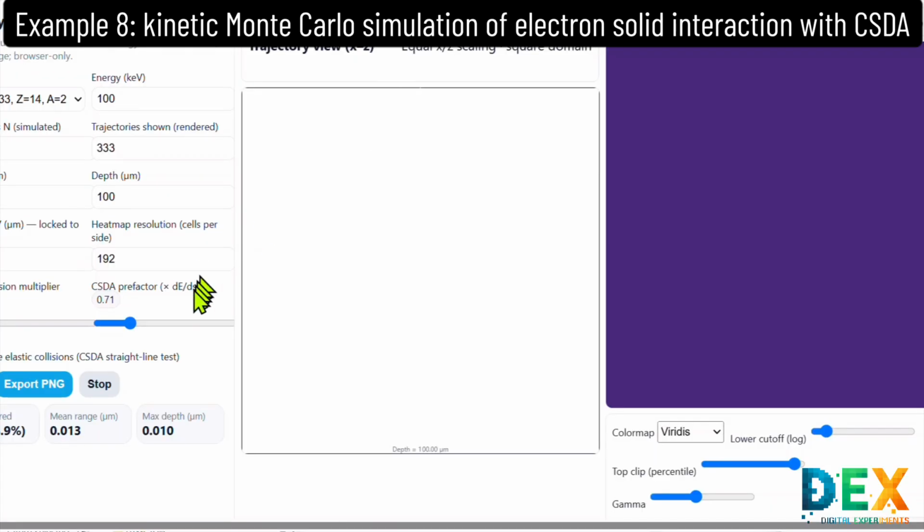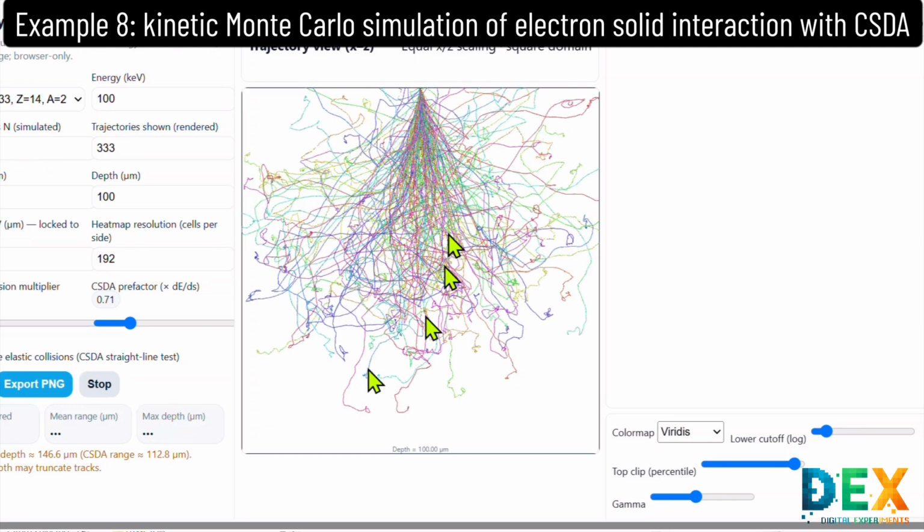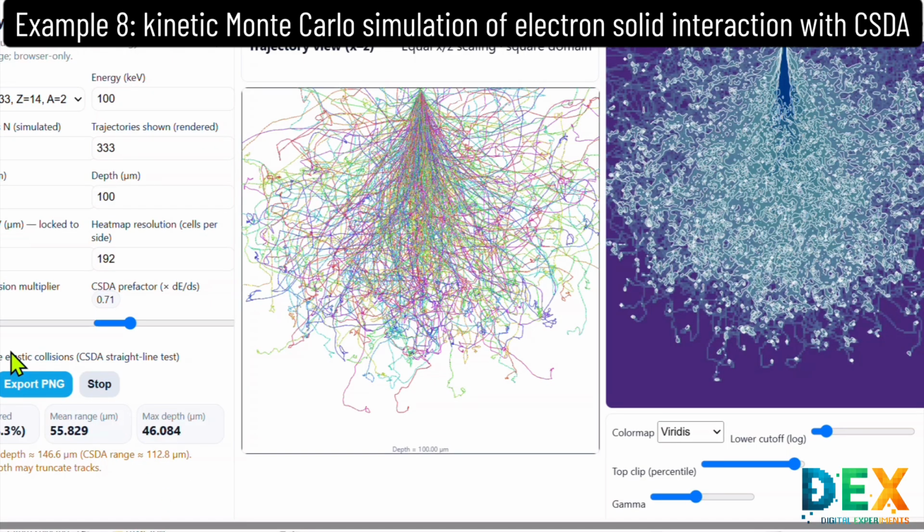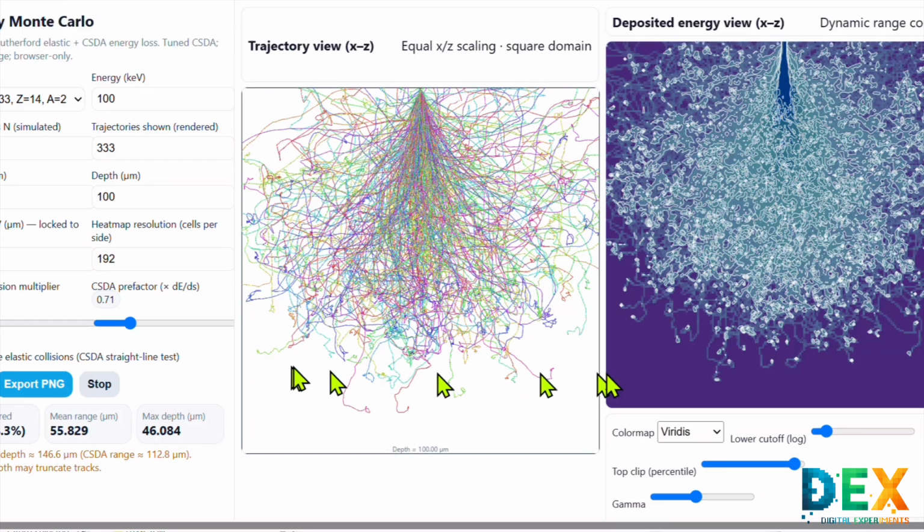This is also another quite useful little simulation. This is a kinetic Monte Carlo simulation that simulates how electrons are being scattered down through a substrate. As far as I know, I used all the right theory, the right equation and scattering cross section and so on. There are still some problems with the accuracy, so I haven't gotten the depth quite right.